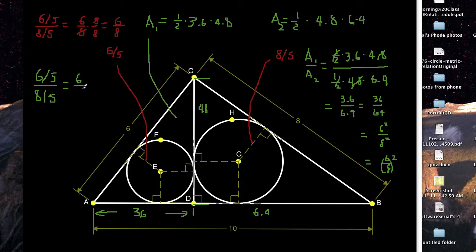Now we know that the circumference is 2 pi times the radius. So the circumference of the smaller circle is 2 pi times 6 fifths, and the circumference of the larger circle is 2 pi times 8 fifths.